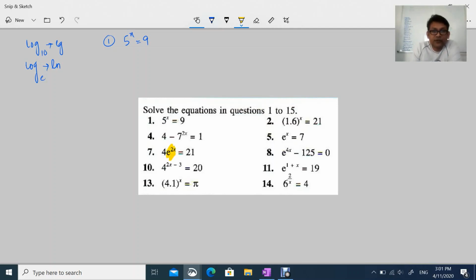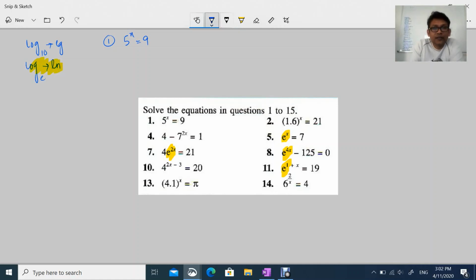When we have an exponential function, you can use ln. Without a natural base, you use the base 10 system.